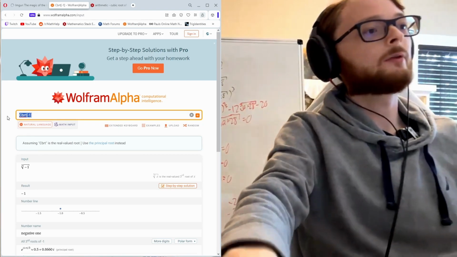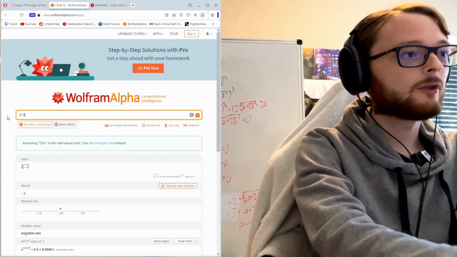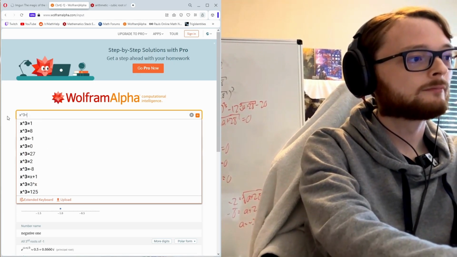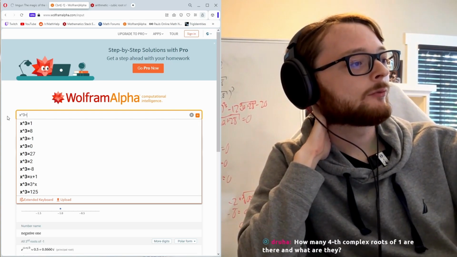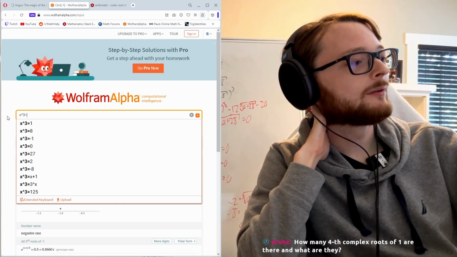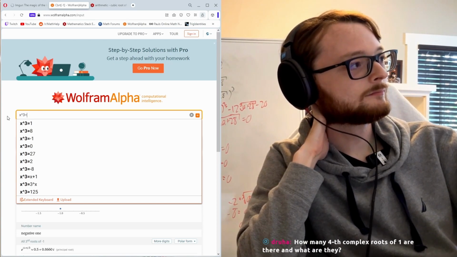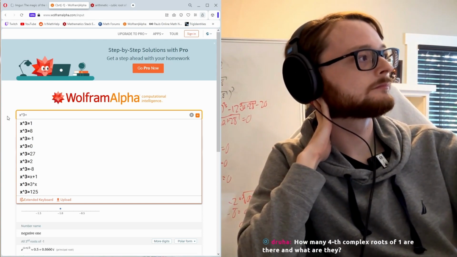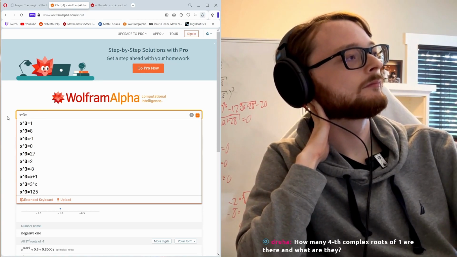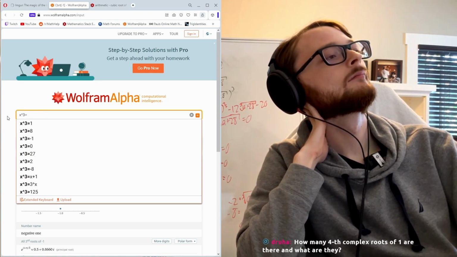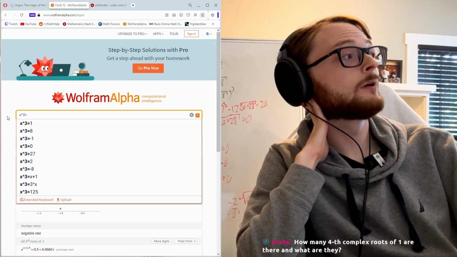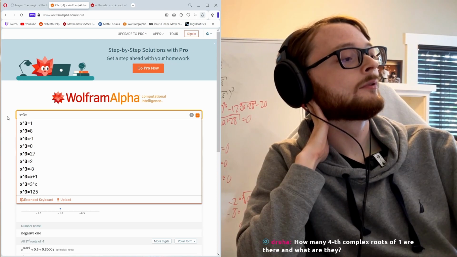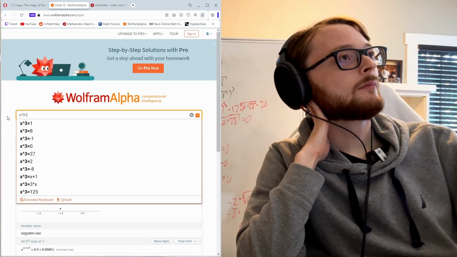Okay. So the person was saying that you can get Wolfram Alpha to give you the solutions if you do x cubed is equal to... how many fourth complex roots of 1 are there and what are they? So I assume the trick is that the easy answer would be 4, but I think you get repeated roots. Maybe.